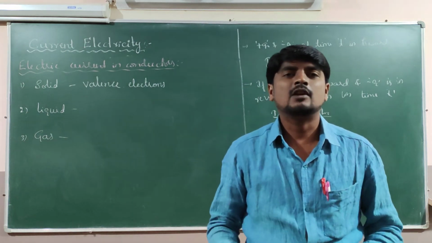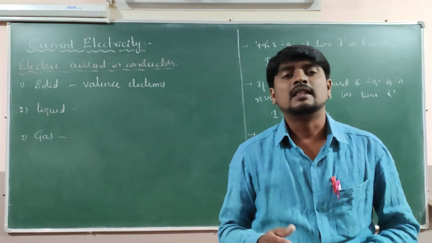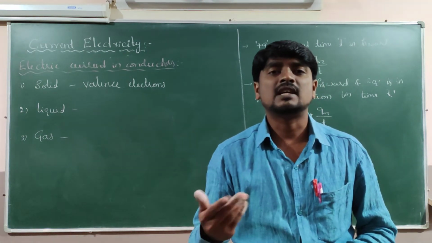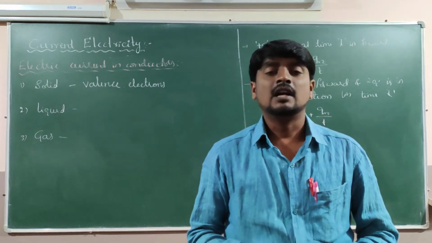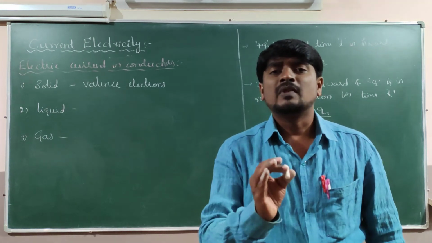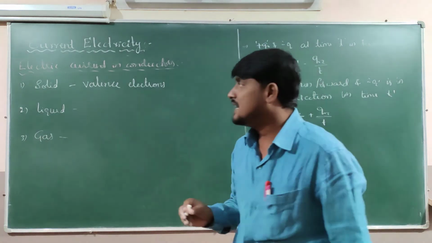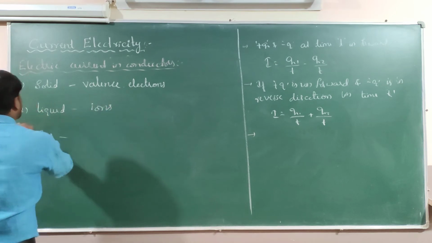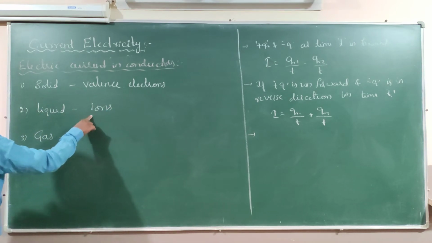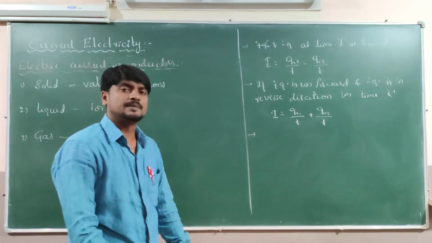But if it is a weak electrolyte, only a small amount of salt is converted into the respective ions carrying positive and negative charge, called cations and anions. Now let's come to the point. If the ions are present inside the liquid, these ions themselves are responsible for the conduction of electricity in liquid state conductors.